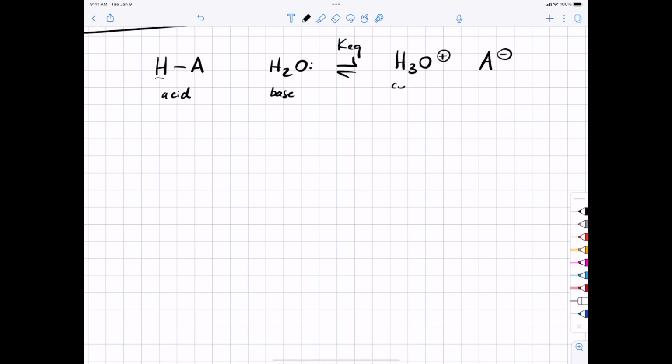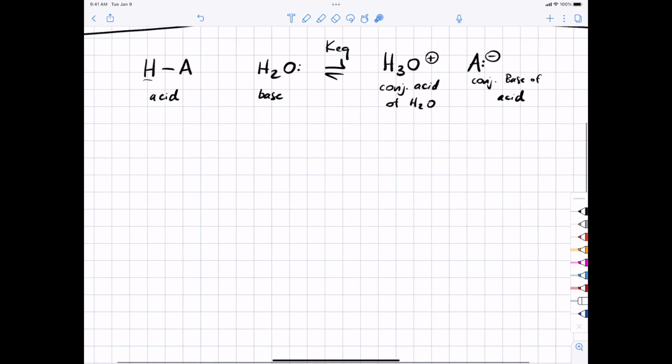On this side, we've got the conjugate acid of our base, water, and this is the conjugate base of the acid. So you can think of acid-base reactions as involving trading who's got the proton and trading who's the acid or the base. These reactions are, depending on the equilibrium constant, reversible, and so you can think about them from either direction, but this is sort of how we're going to set it up.